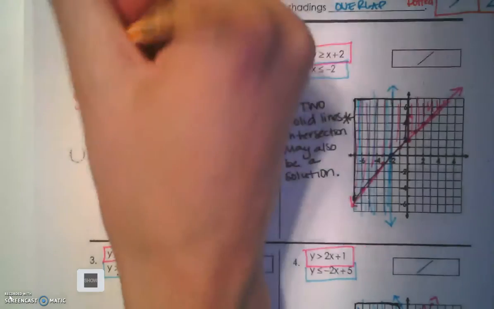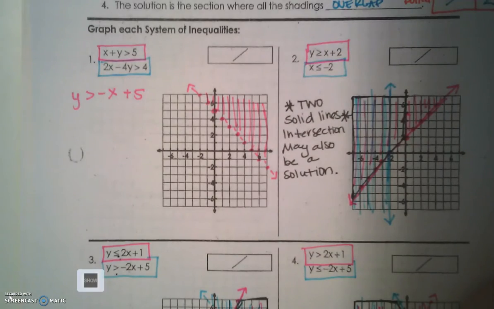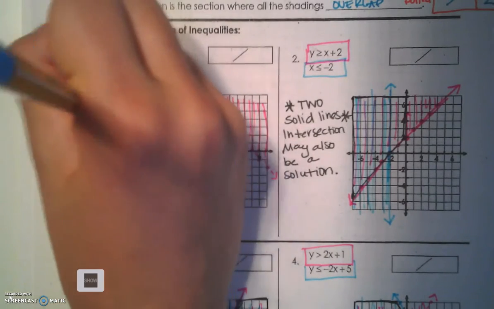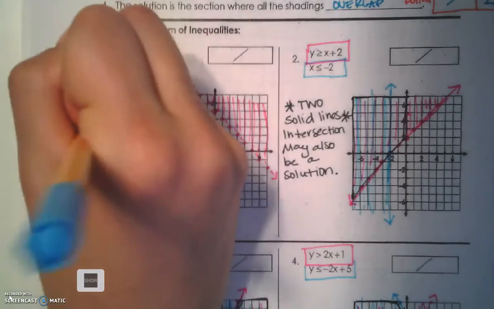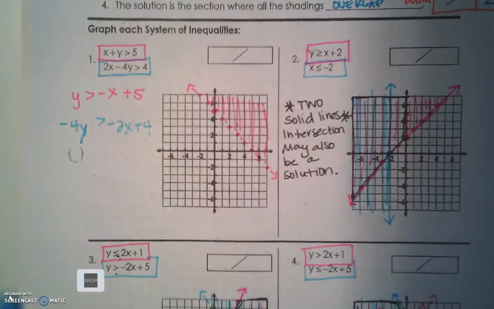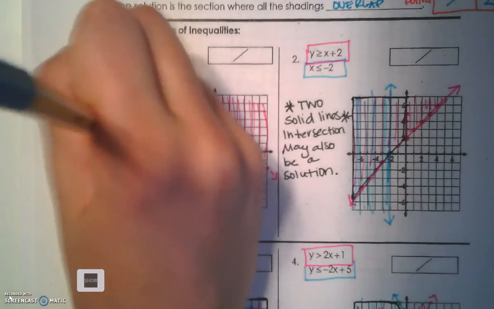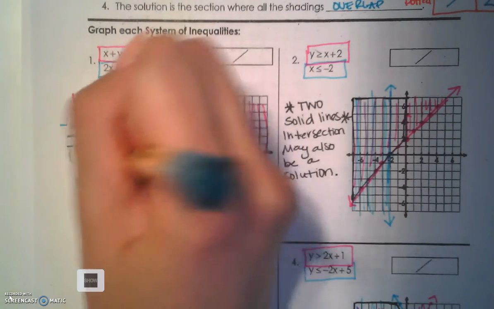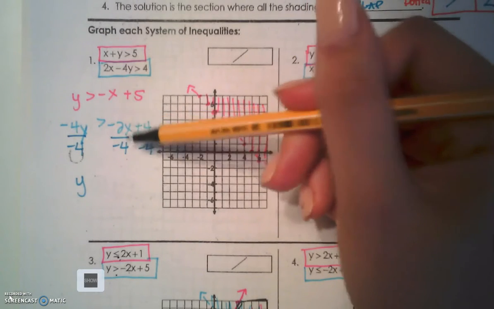For my blue line here, my second line, I'm going to have to subtract that 2x. I'm going to get negative 4y greater than negative 2x plus 4. And I'm going to have to divide each piece by a negative 4. So that's going to give me y, negative 2 divided by negative 4.